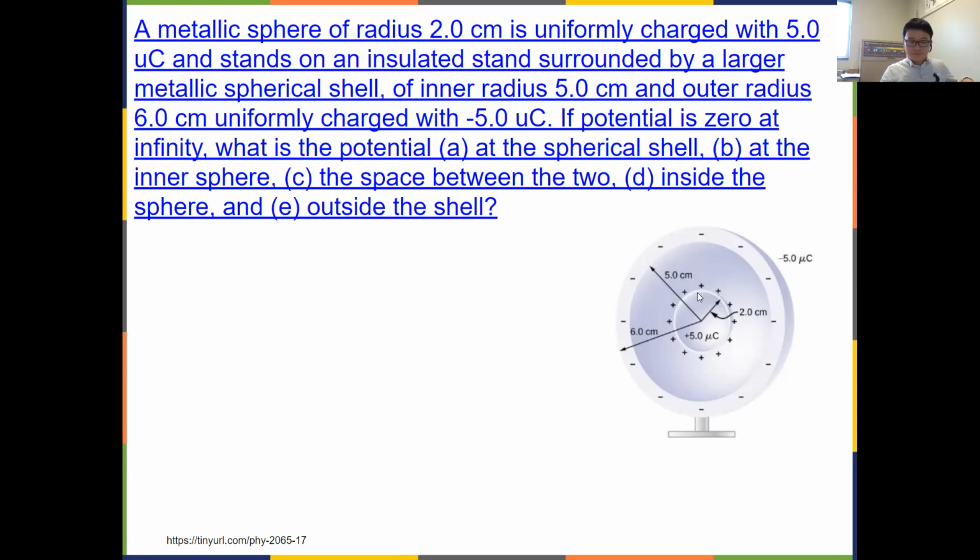So let's take a look at this one. There's a positive charged sphere, and then there's a shell, negative charges on the inner surface, okay, and then 0 on the outer surface.